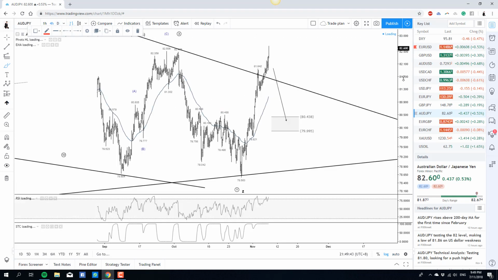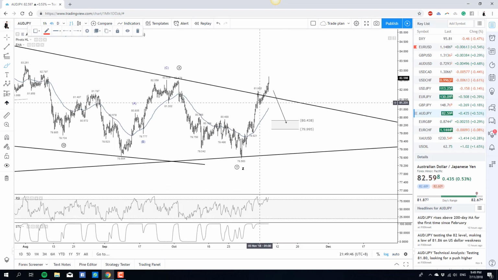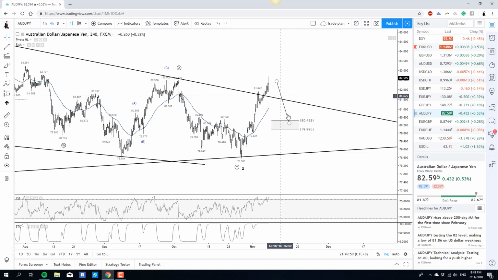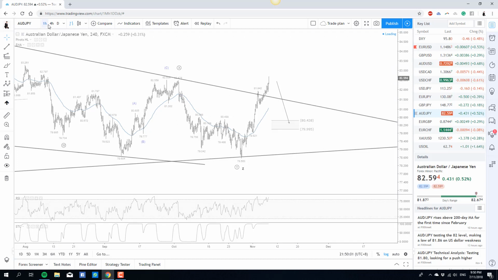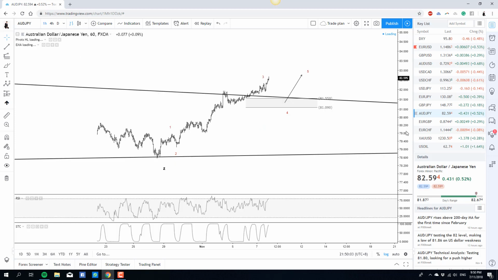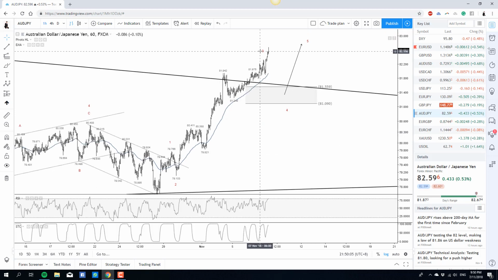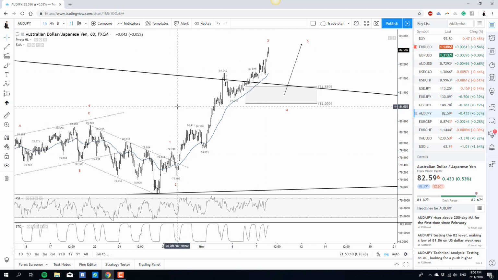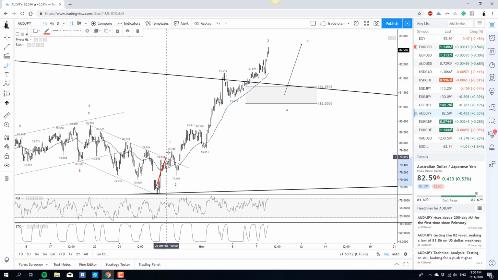Aussie yen, it's doing a very similar move. It's crawling up, so buying now is not a good idea, but of course we do not have a short setup at this very moment. What we are expecting is just a corrective move to the downside, but that doesn't mean you short it right now. What I'm expecting is this might be the internal third wave, which means we are seeing this as 1, 2, and this is 3 inside it.